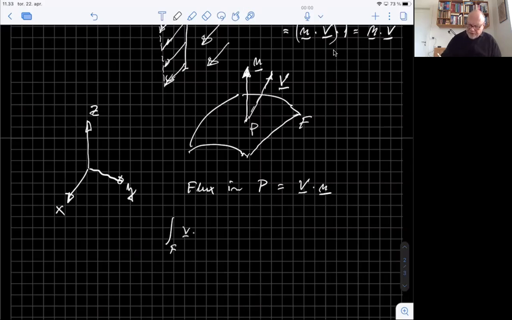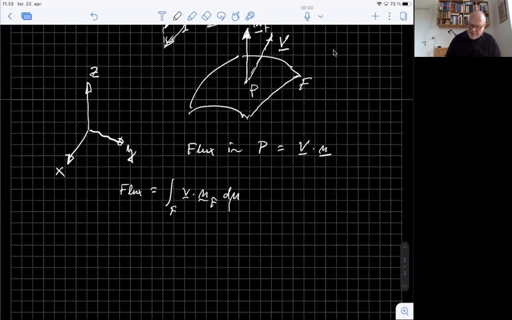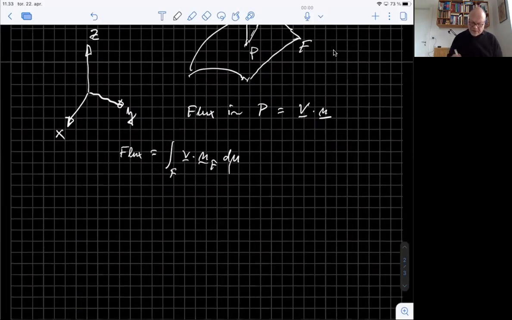I could indicate that n is a normal unit vector to the surface F. So this will be then the flux through F.